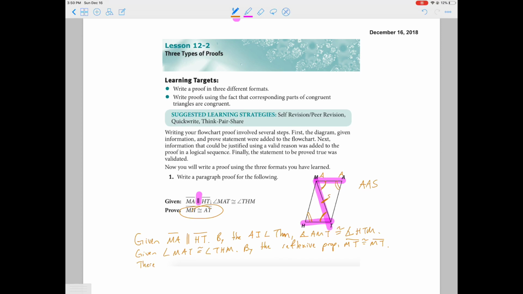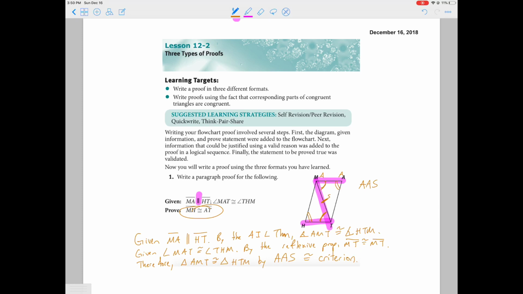The book likes this word therefore, which just means based on all previous evidence. Therefore, triangle AMT, and the name of the second triangle should be HTM. Therefore, triangle AMT is congruent to triangle HTM, and we already said it, by AAS, and we could say congruence criterion or congruence theorem.